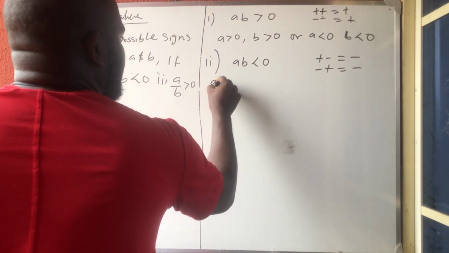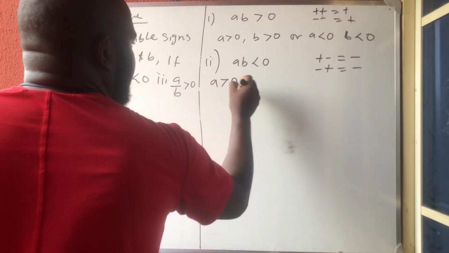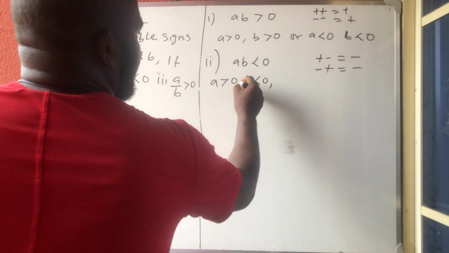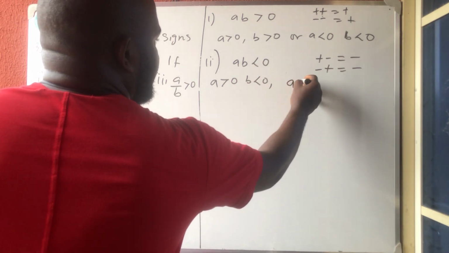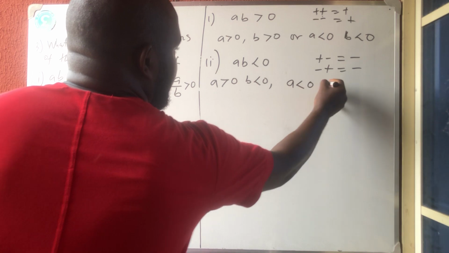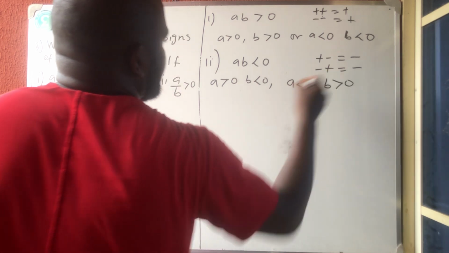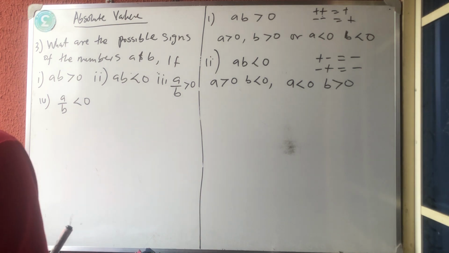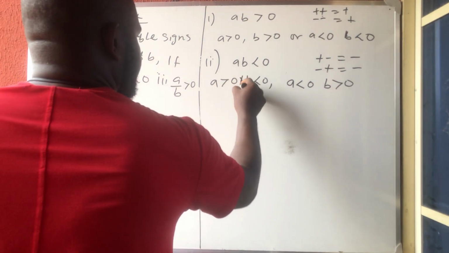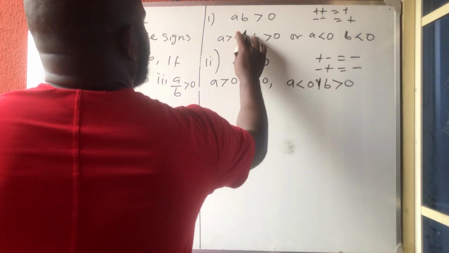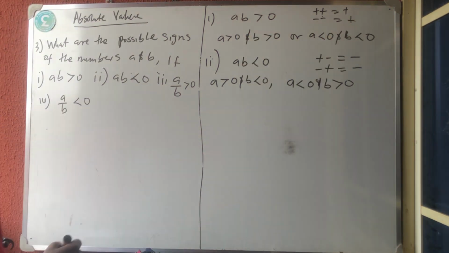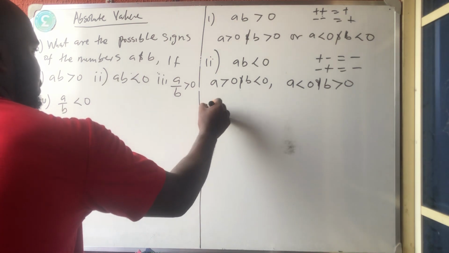It means that if a is greater than 0, then b must be less than 0, or if a is less than 0, then b will be greater than 0. So their signs will not be the same. That is the only thing.